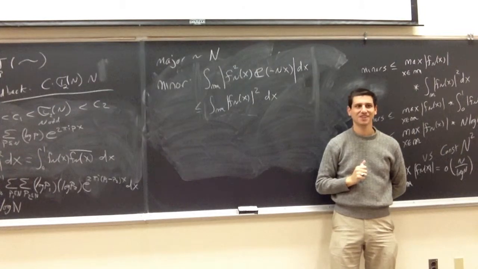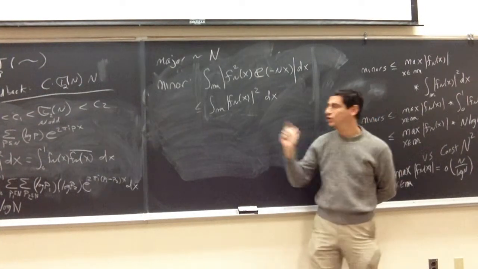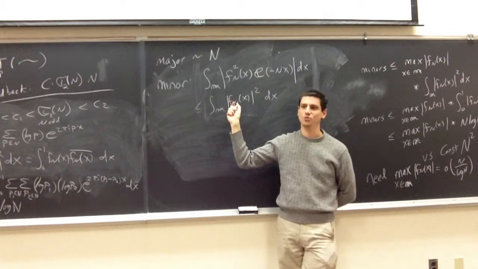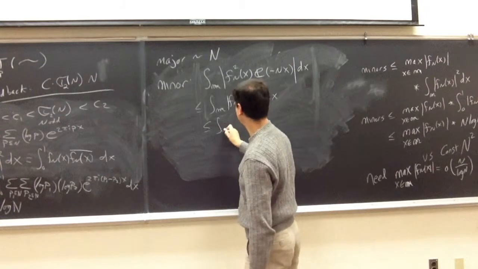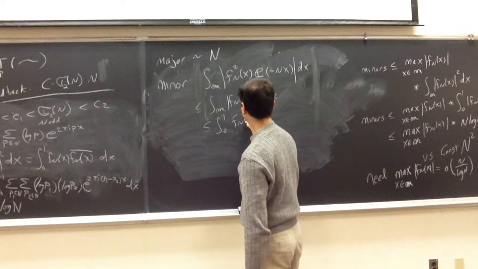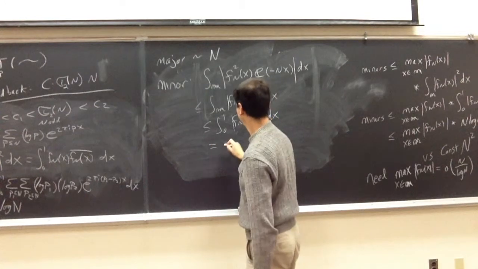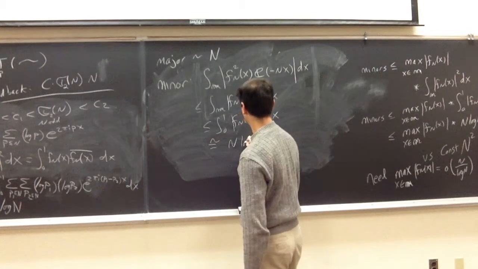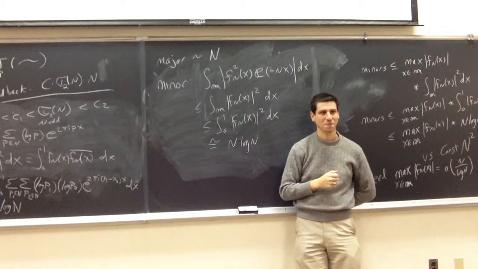Oh, well, it's at most n log n, right? We don't know the integral over the minor arcs. We just know the integral over 0, 1. So one route is to then say, well, it's less than or equal to the integral over 0, 1 of fn of x squared dx, which is approximately n log n. Oh, and our main term is of size n.